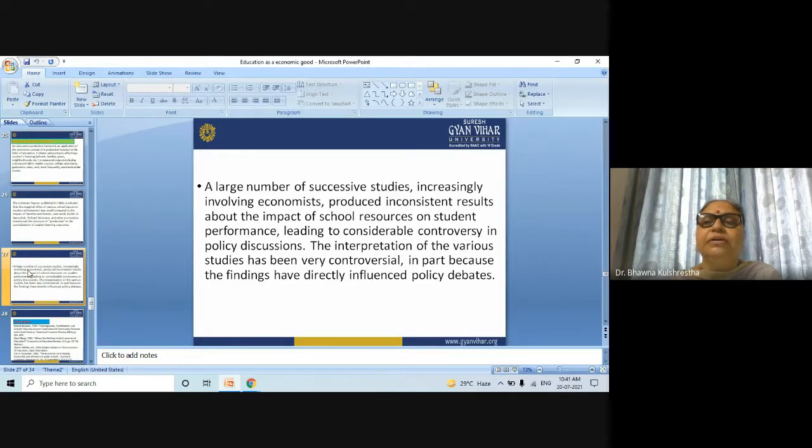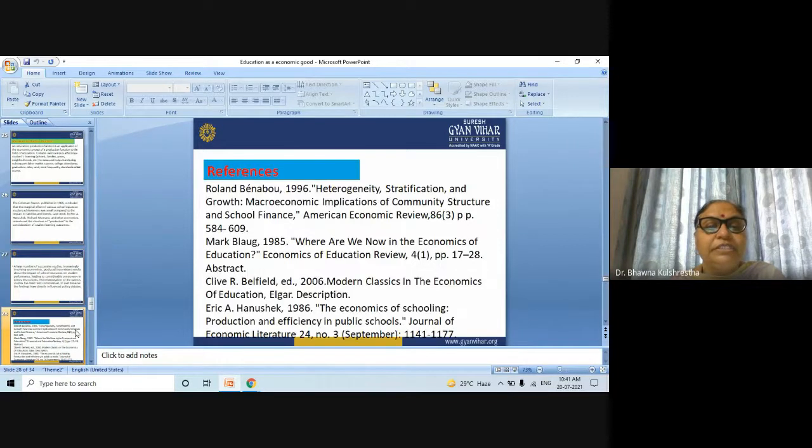These are the main results about the impact of school resources. At the end of this topic, see the references of these topics. These are the references to help you study more on this topic.